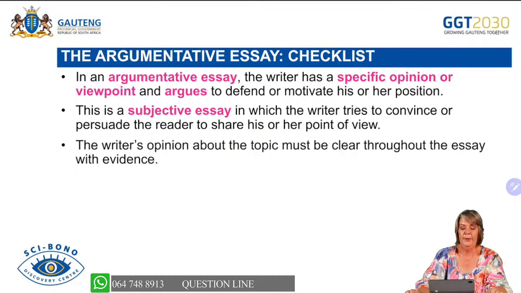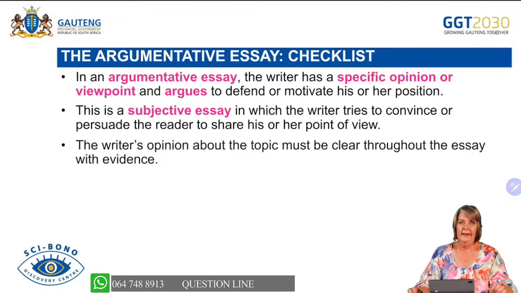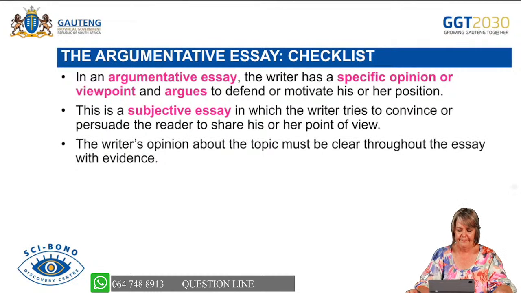The writer's opinion about the topic must be clear throughout the essay with evidence, and this is where the PEEL method comes into play. Let's just remind ourselves what PEEL refers to: make a point, give an example, explain, and then link it to the topic.